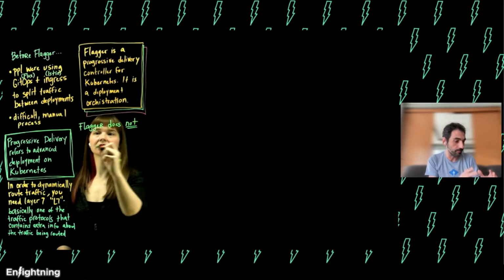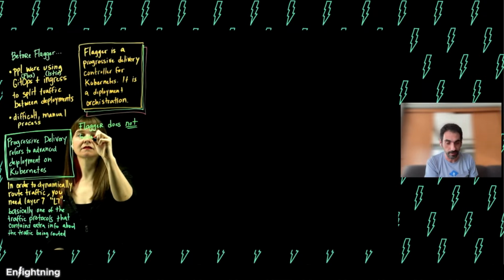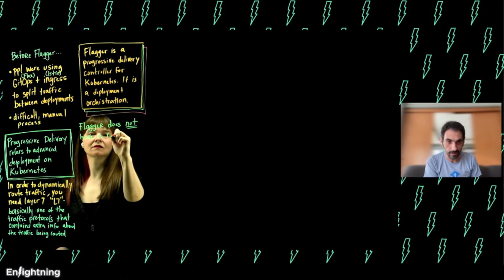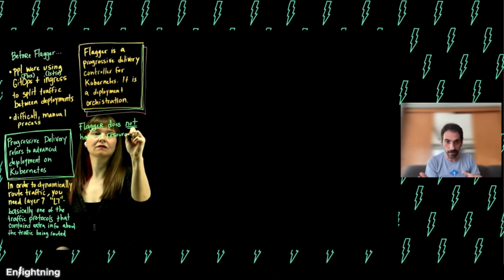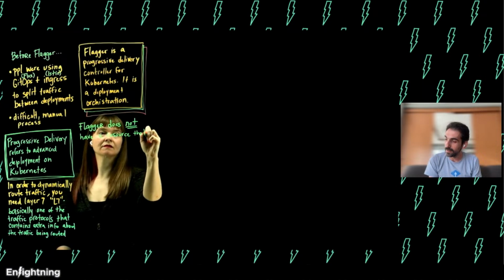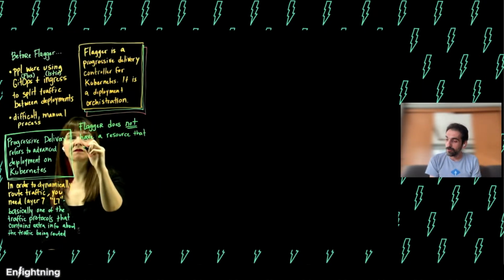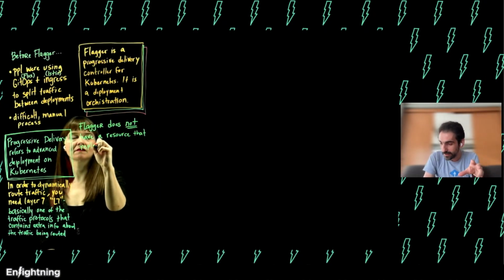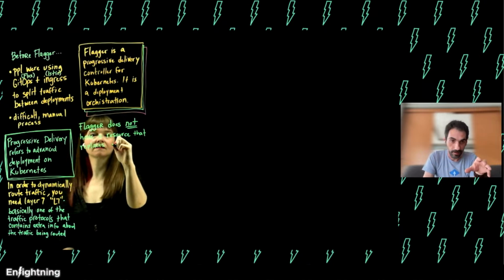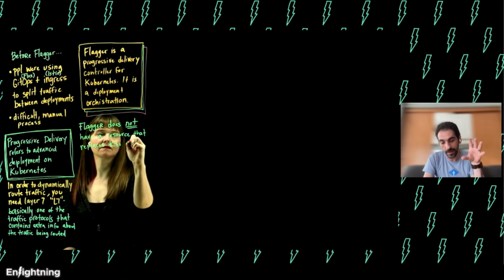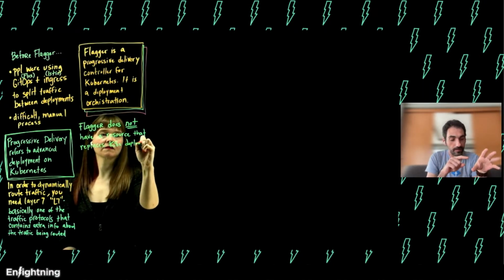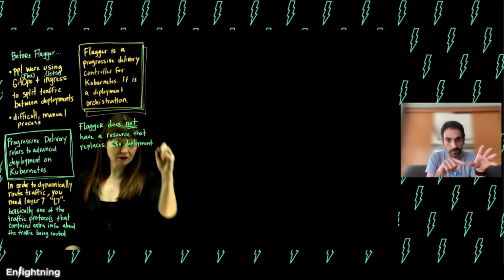You can still have a Kubernetes deployment in a Helm chart or however it gets on the cluster. Maybe Flux applies it, maybe Argo applies it, and so on. So Flagger has a custom resource called Canary. And you create a Canary custom resource that has a reference to the deployment.